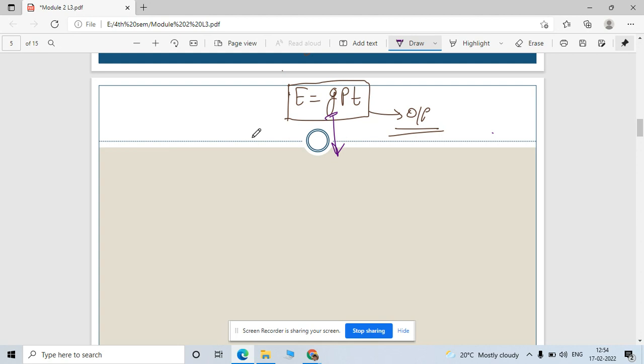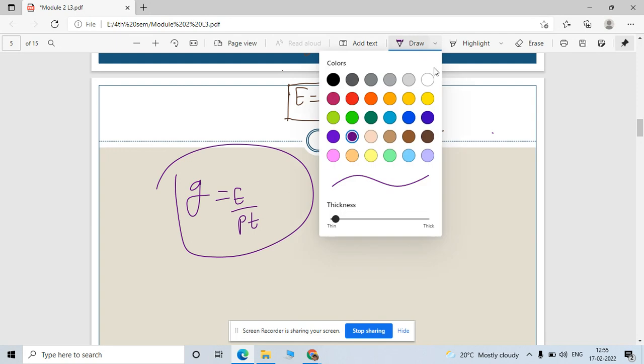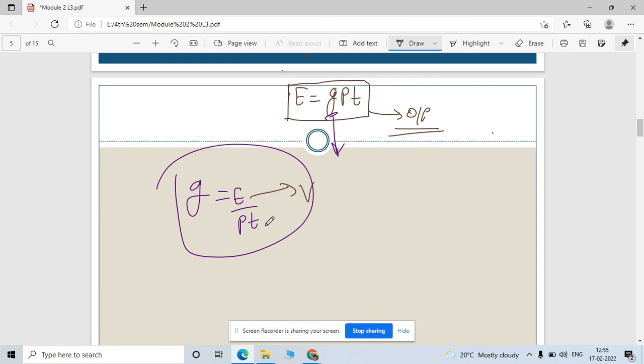So let's define the unit of G, which is E by PT. In terms of unit, this is volt, pressure is pascal, and T for thickness is in meter.